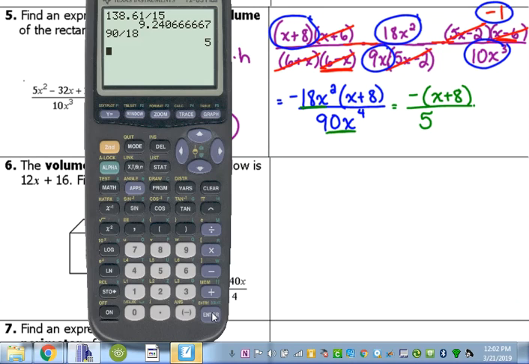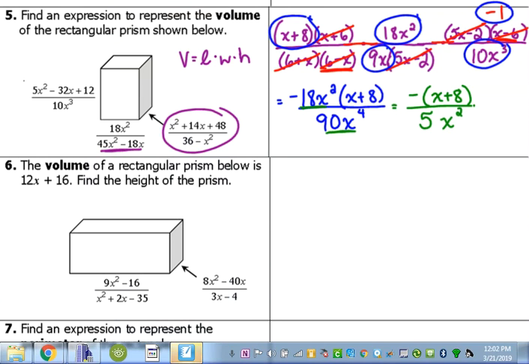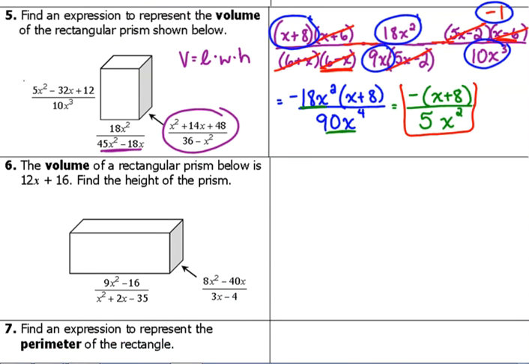And x squared over x to the 4th leaves us with x squared in the bottom. Subtract your exponents, put it where it's bigger, so that's in the denominator, and that's as far as we can go. Now, you could distribute the negative. You would look at your answer choices and see how they appear. But that's really as simplified as we can make that expression.